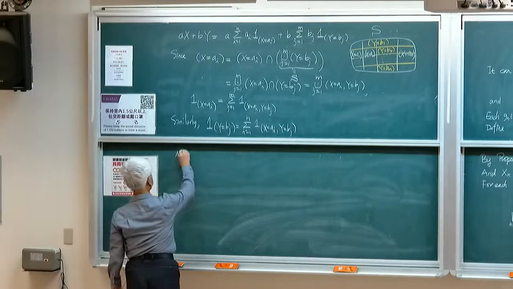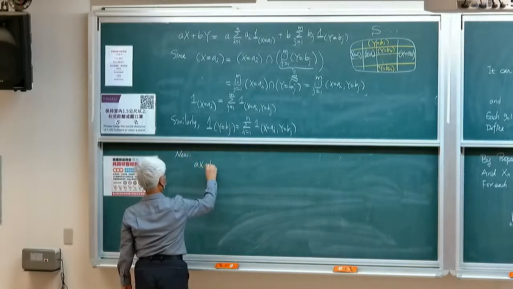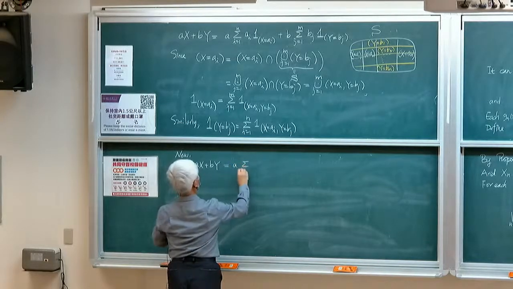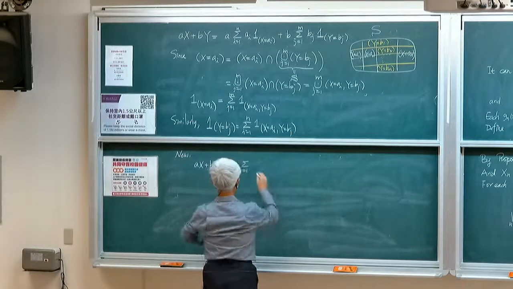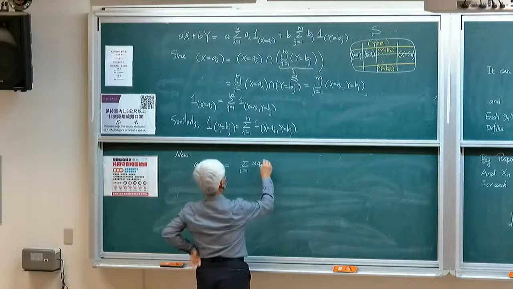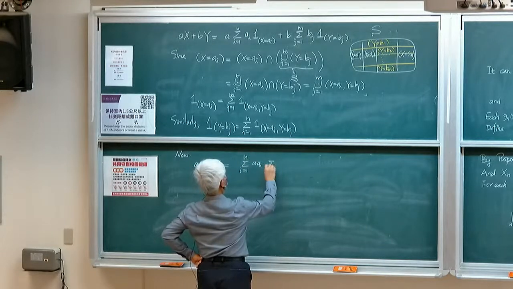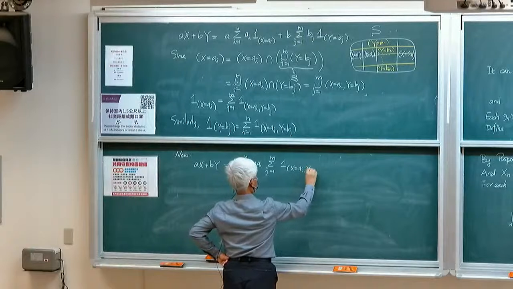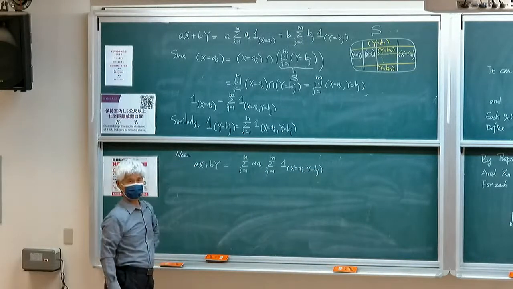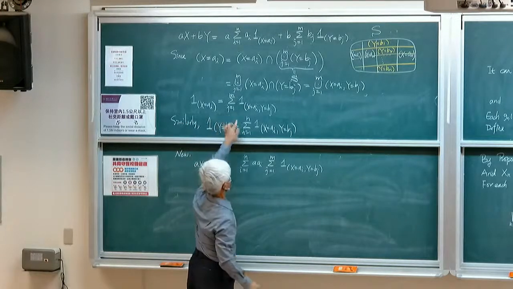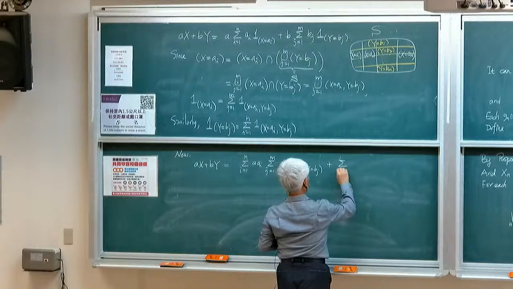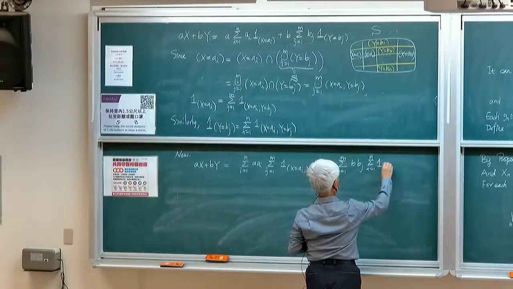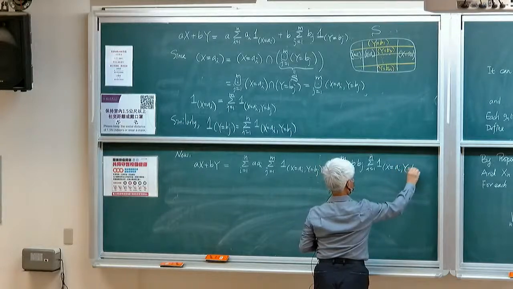Okay, so now ax plus by becomes a times the summation i from 1 to n of a_i times the summation j from 1 to m of the indicator x equal to a_i, y equal to b_j, because I use this identity, plus the summation j from 1 to m of b_j times the summation i from 1 to n of the indicator x equal to a_i, y equal to b_j.